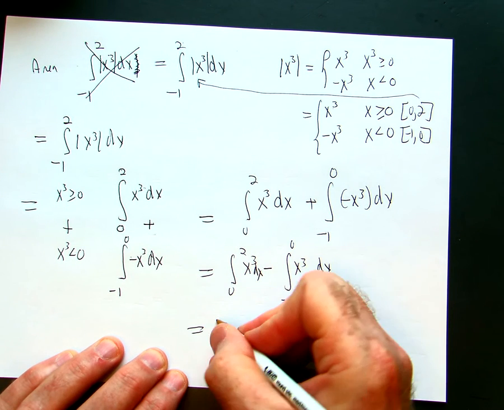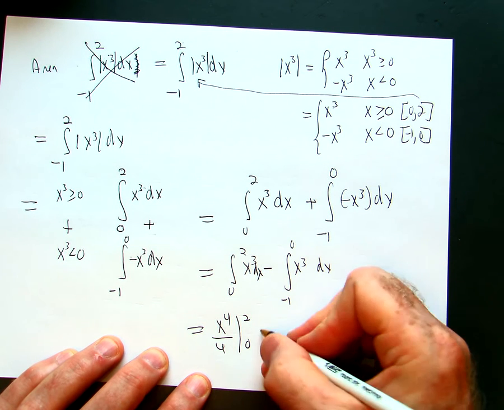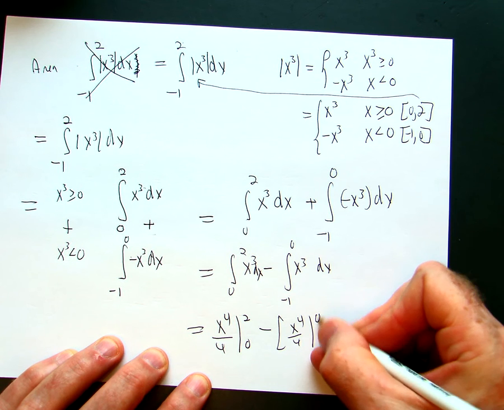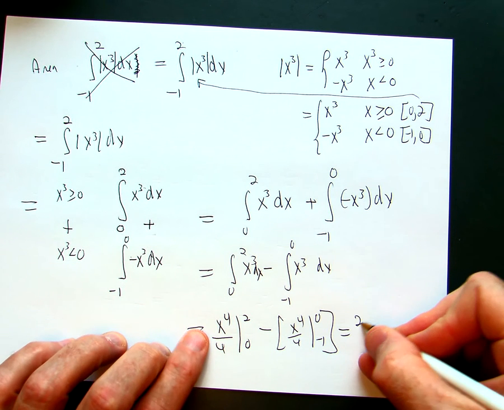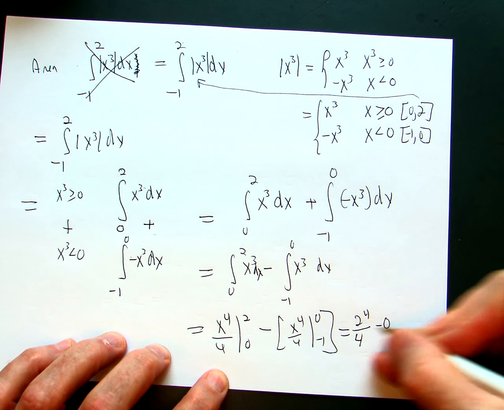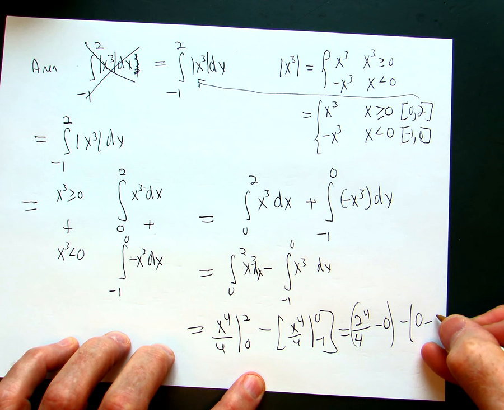And so I get x to the 4th over 4, evaluated at 2 and 0, minus x to the 4th over 4, evaluated at 0 and -1. We've already done this a couple of times. So what I'm going to get here is 2 to the 4th over 4 minus 0, minus 0 minus (-1) to the 4th over 4.